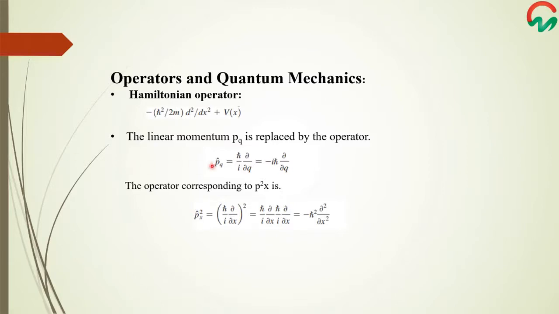The linear momentum p_q is replaced by an operator given as minus i h bar del over del q. The operator corresponding to p squared x is given as minus h bar squared del squared over del x squared. There are many other operators which are used in quantum mechanics. We will cover another concept of quantum mechanics, the particle in a one-dimensional box, in our next lecture.